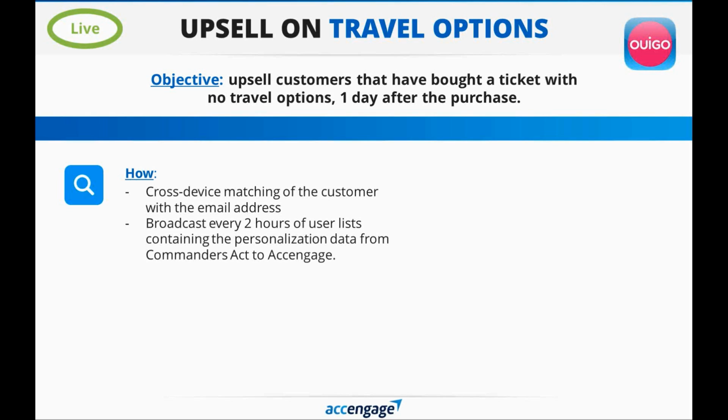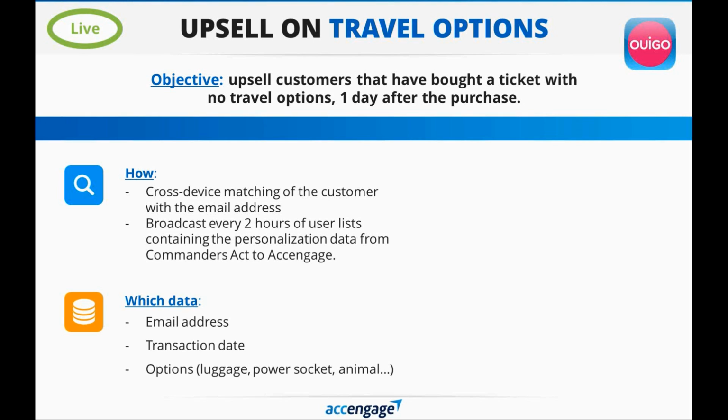Same as for the first use case, every 2 hours we get at Accengage this list of users. And of course, this is comprised of the email address, but also the date of the trip and the options that are most relevant for that user.